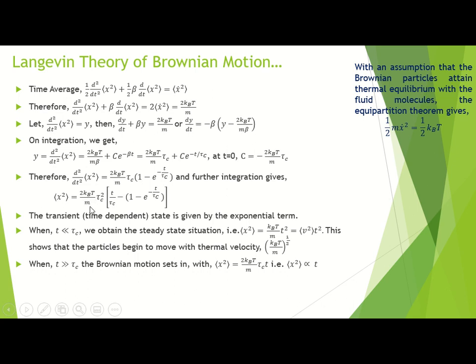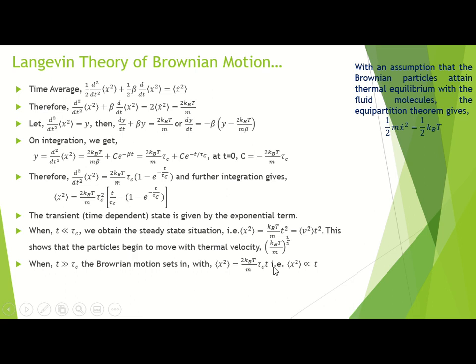So it will simply have this quantity upon t upon tc, one tau c will get cancelled, and you have the thermal velocity squared times tau c times t. So this is the quantity for when t is very very large.